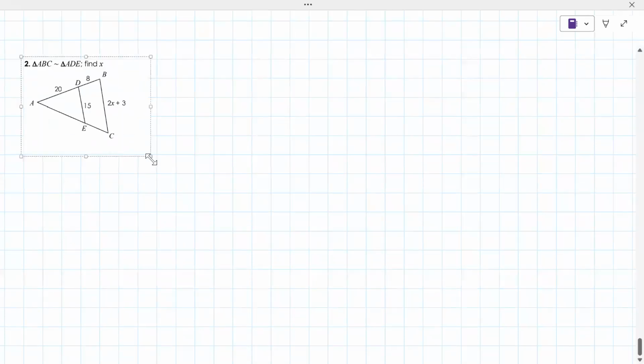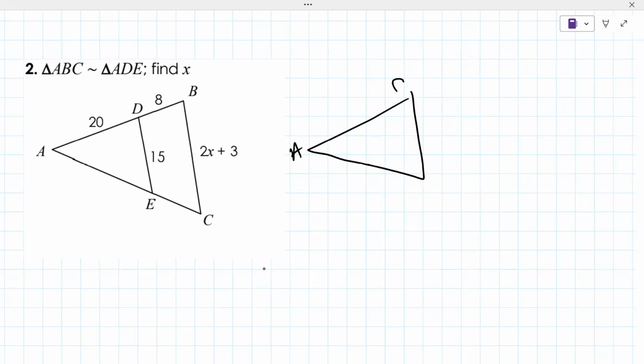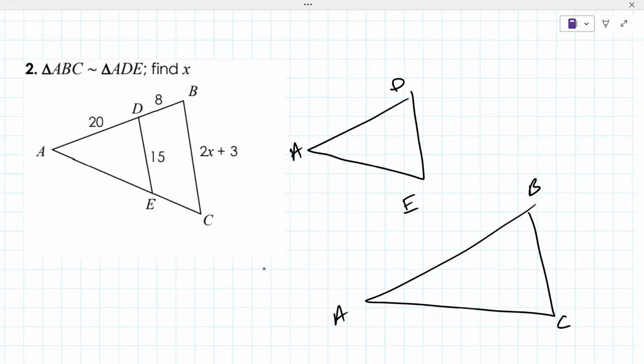So this one's got two overlapping triangles. It's got A, D, E, and then A, B, C. And sometimes you have to separate them like this to get it to work out where you can label things appropriately. Can you tell me the length of A to B based on the drawing over here on the left?